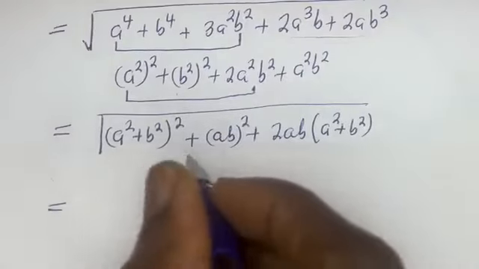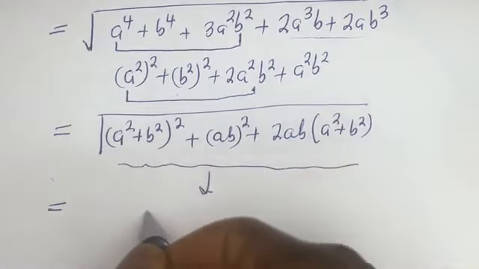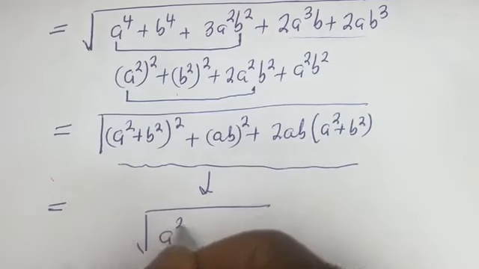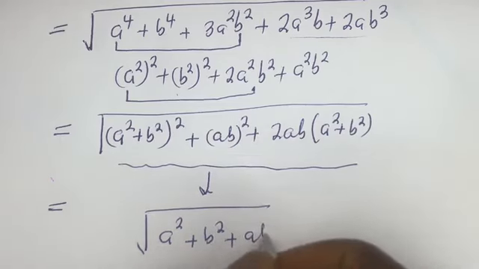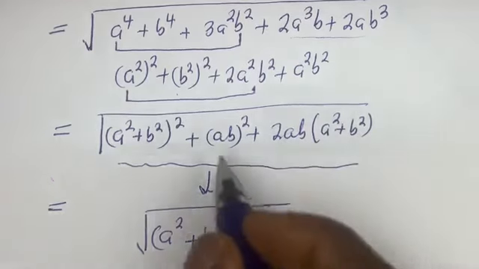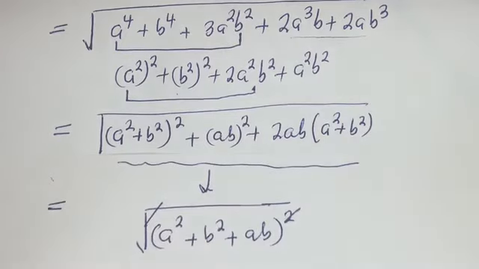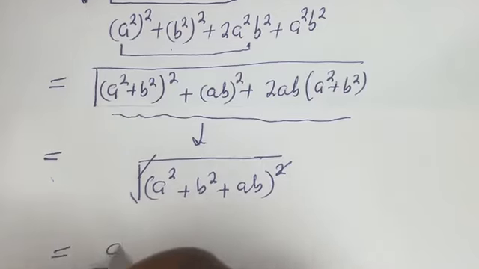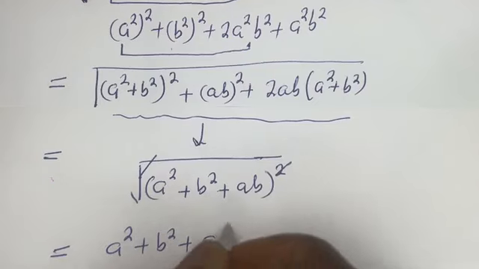Then this is equal to, if you look, the whole of this is equivalent to square root of A square plus B square plus AB all square. If you expand this, you will get the whole of this back. Then this will cancel this. We have A square plus B square plus AB.